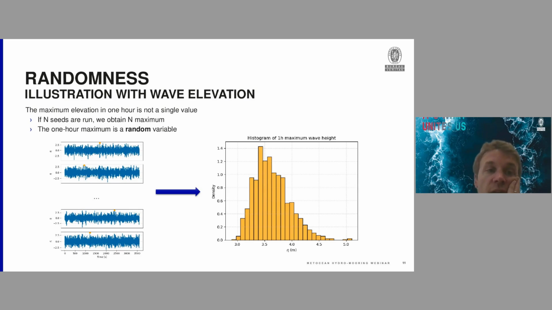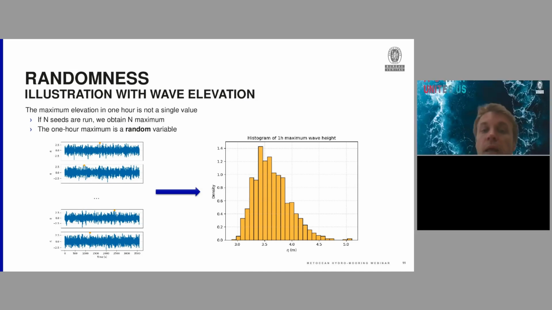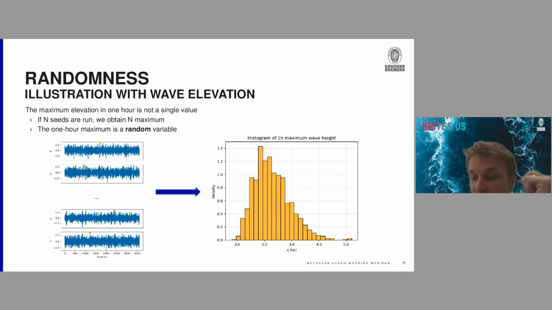If I collect all the maxima from each of the seeds, and I do quite a lot of them, I can plot a histogram of this 1 hour maximum, and the figure I get is the figure on the right, which is the histogram of the 1 hour maximum wave height. So it's not a single value, it's a distribution.